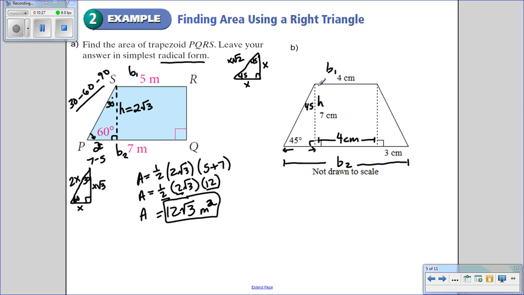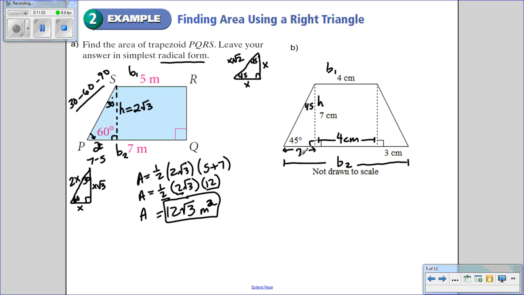In this case, the height, which represents one of the legs, is 7. That means the other leg has to be the same, so this is also 7. Note it's not drawn to scale, so it doesn't look like it's 7. A lot of people will put that 3 over here and think that it's equal. Well, there are no markings that say that both of those are 3. So we have to use our geometric proof here, using that 45, 45, 90 right triangle to figure that out.